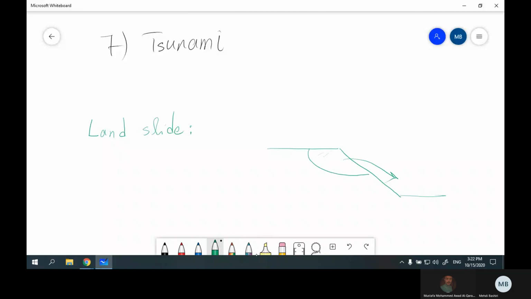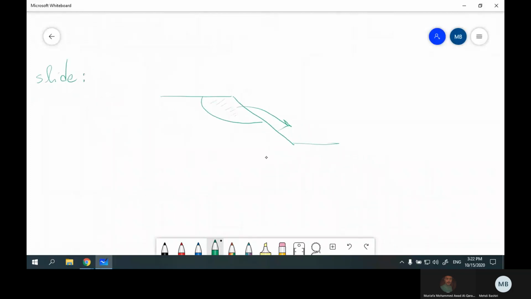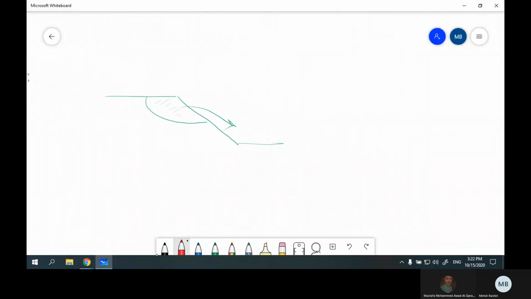For example, this one slides down, and after the earthquake, we have such a thing. Before that, for example, here we have a road, a street, and after that we have something like this.